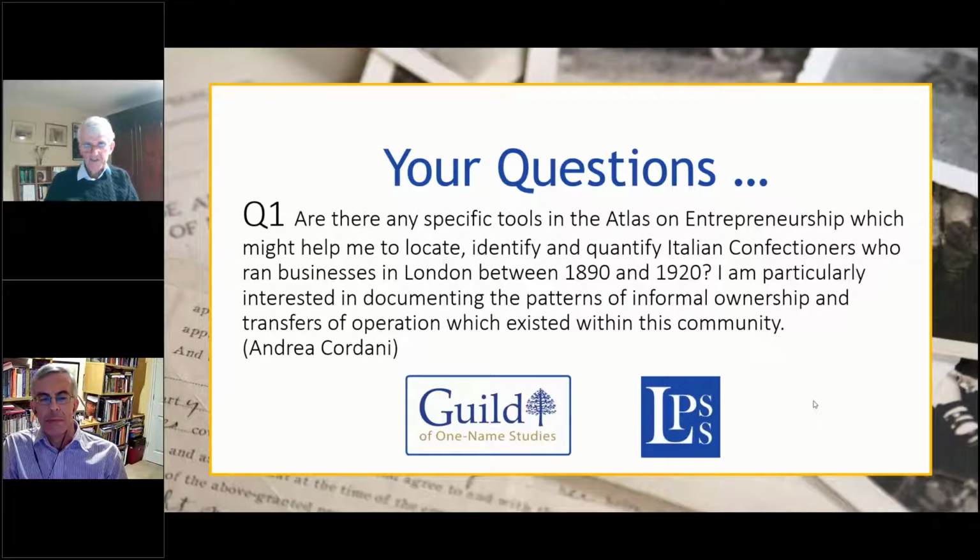Finding Italian confectioners is more difficult, because here you're reliant on how well the census recorded people's birthplace and whether they were first or second generation. So the son or daughter of an Italian confectioner, for example, would be born in London, in your case probably, and therefore would not be identifiable as Italian in origin unless they were with their parents.